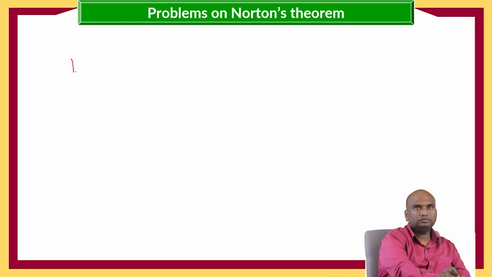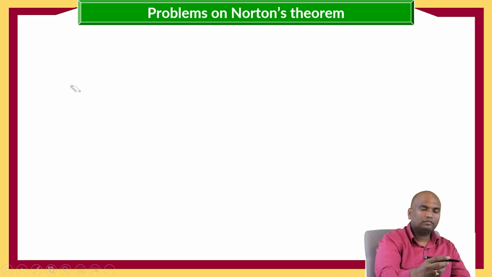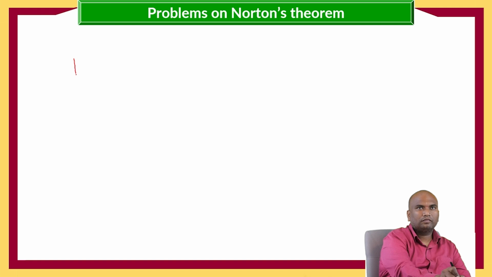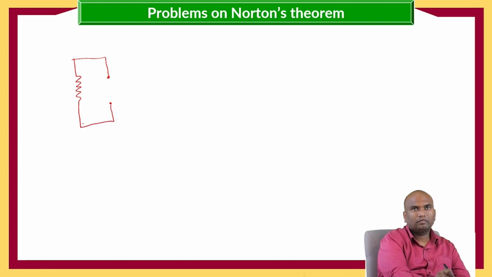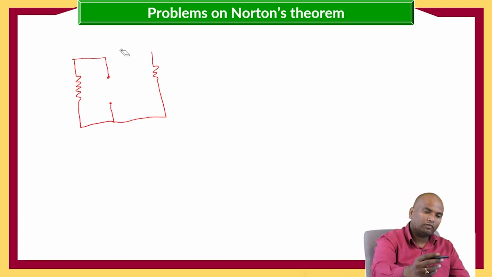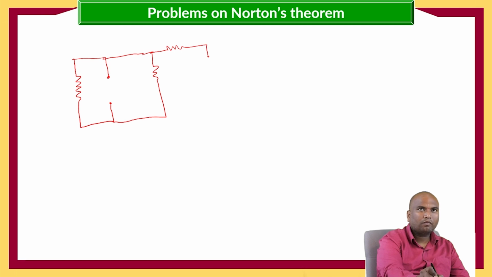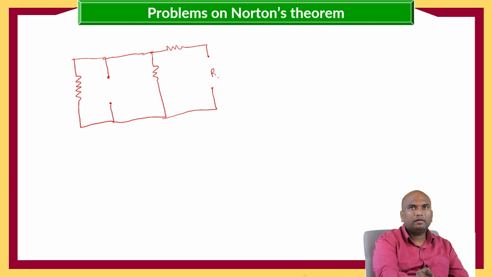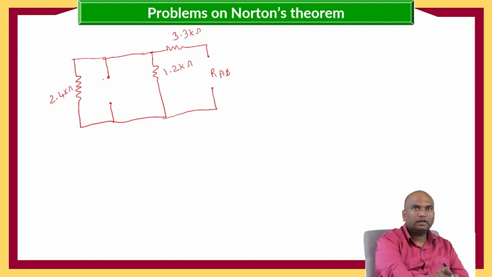Now RAB: 3.3 kilo ohms, 1.2 kilo ohms, 2.4 kilo ohms. It is open circuited.